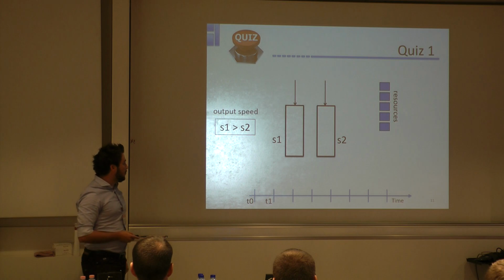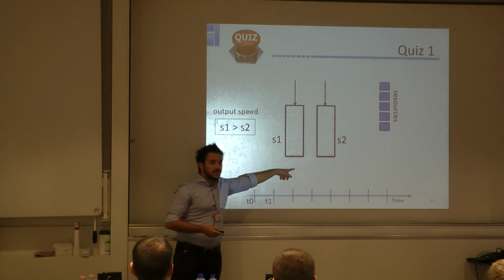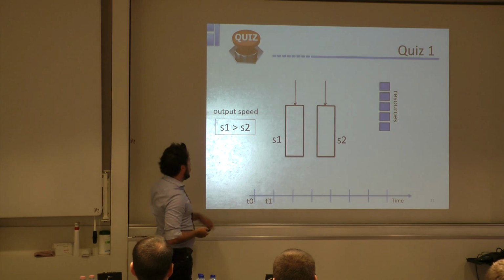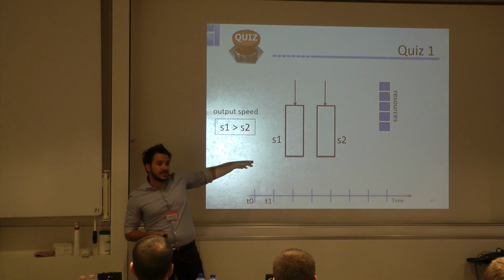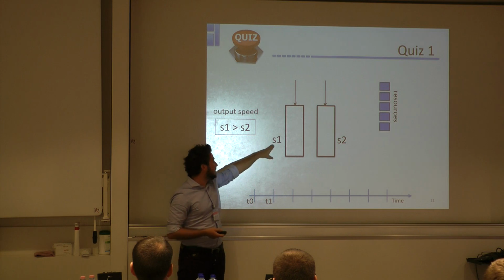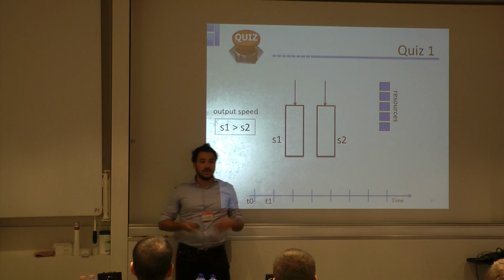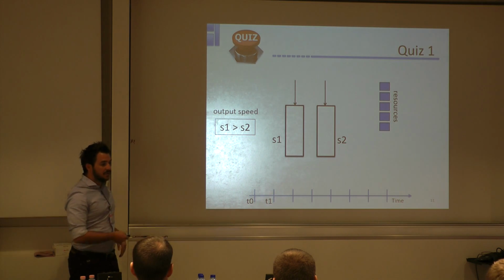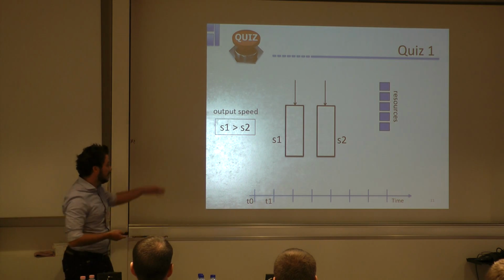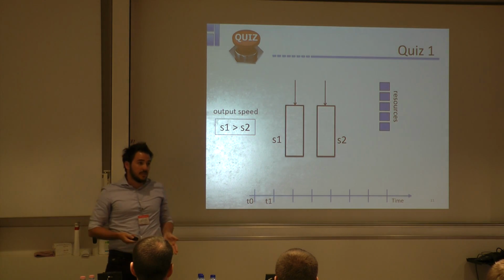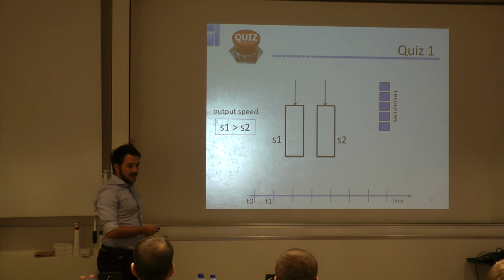And we define for each of those queues an output speed. Okay, so given the same amount of resources, in this case, speed 1 of the first queue will be higher than speed 2. So given the same amount of input packets that will be received, if we send those out, we will obtain better performance.